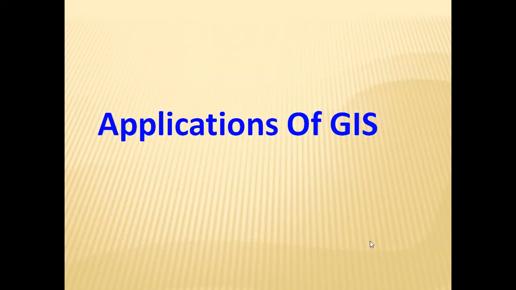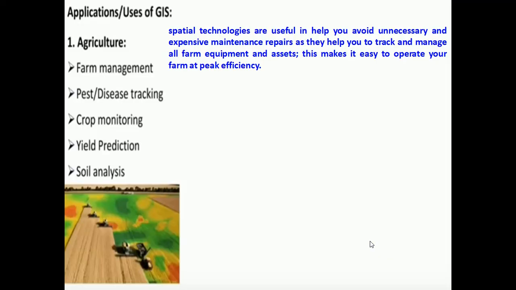Now, applications of GIS. First one, agriculture. GIS in agriculture helps farmers to increase productivity and reduce the cost. If you want to increase productivity and reduce the cost, then you can use GIS technology.